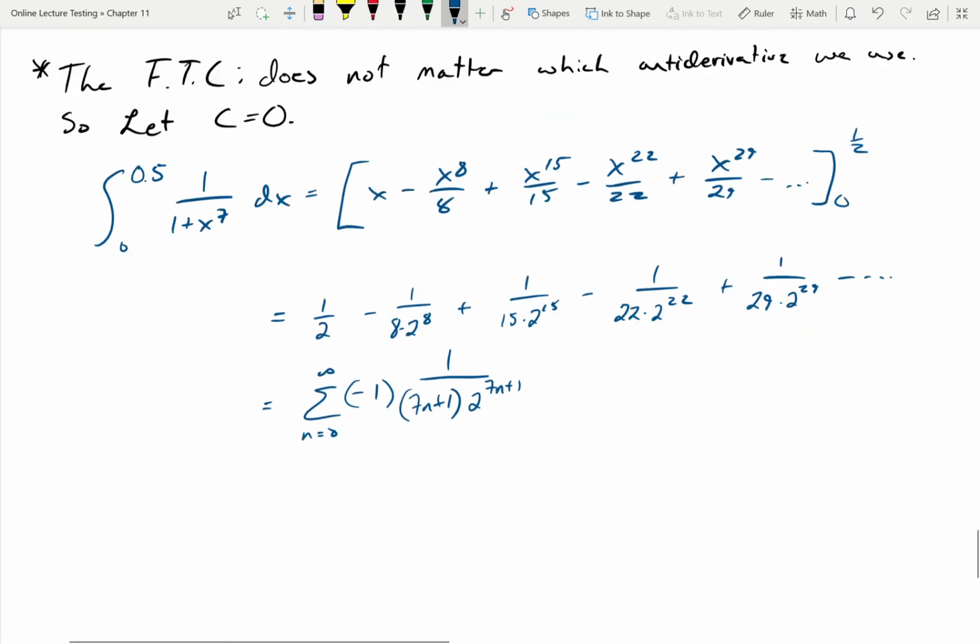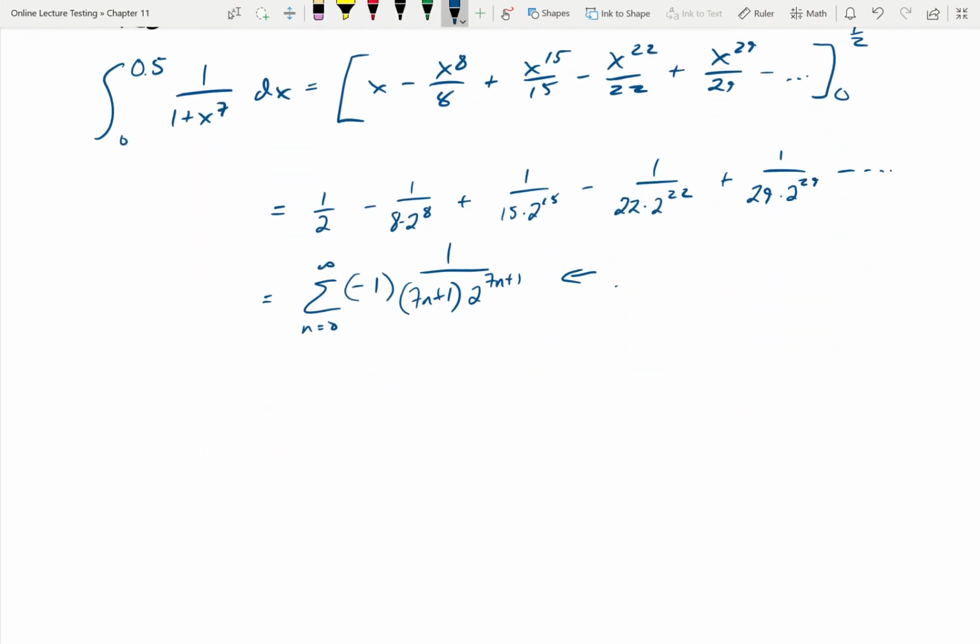Notice that this is an alternating series. And since this is an alternating series, we know this also converges from -1 to 1.